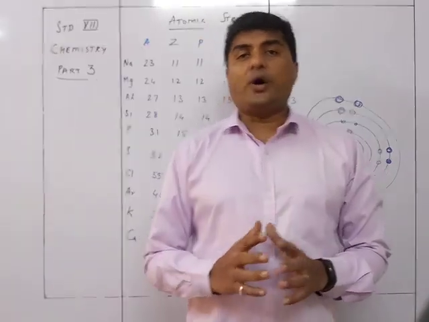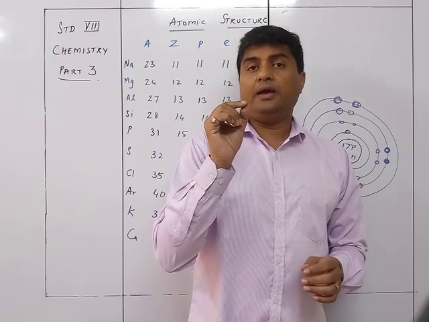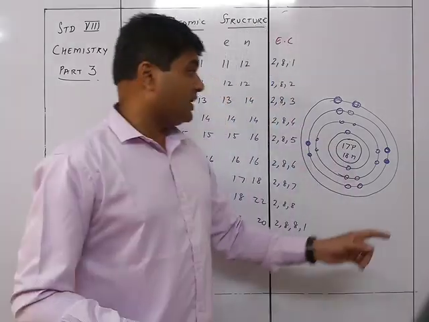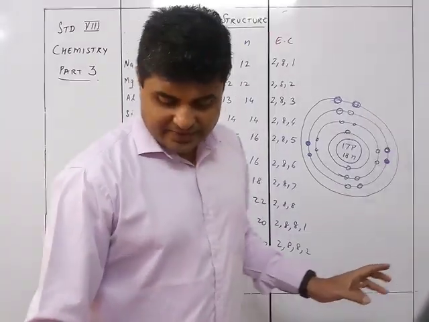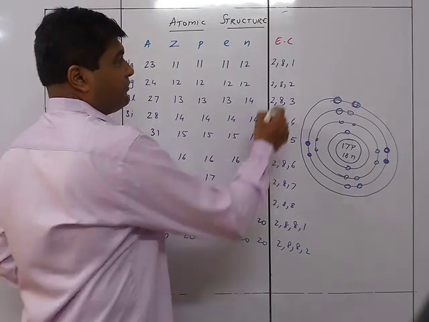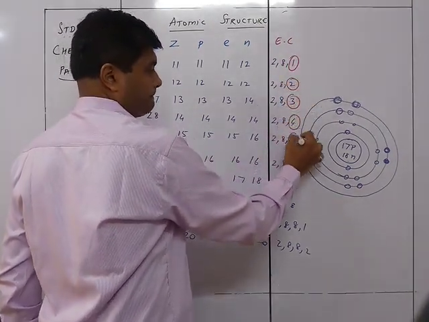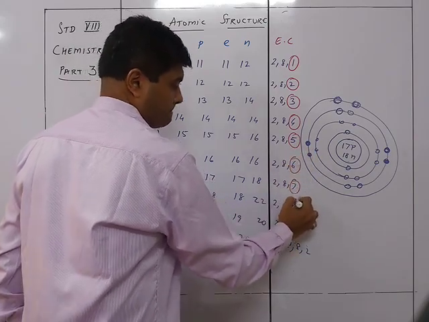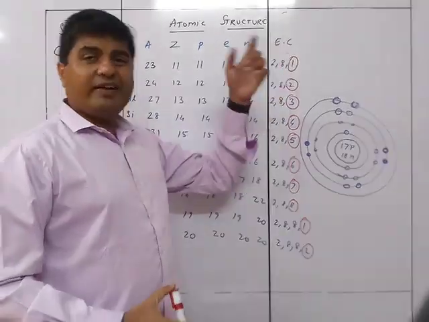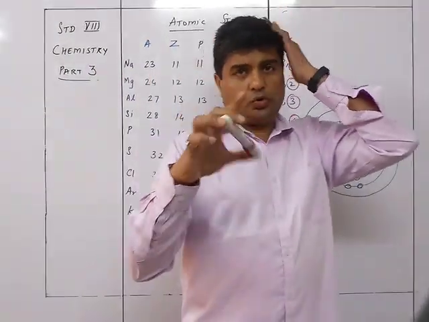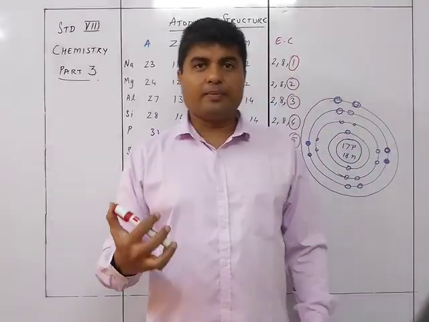Now there is one importance of the number of electrons in the last orbit of any particular atom. The importance is of this number. Even in the earlier case, 2, 1, 2, 2, 2, 3, 2, 3, 4, that number has got the value.